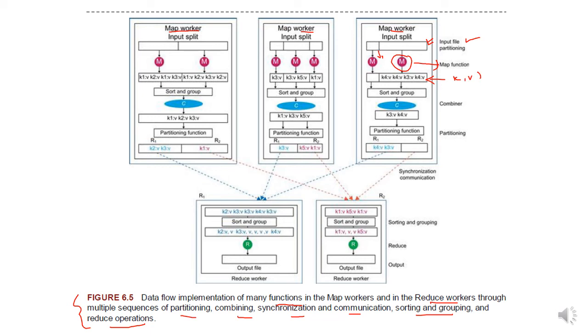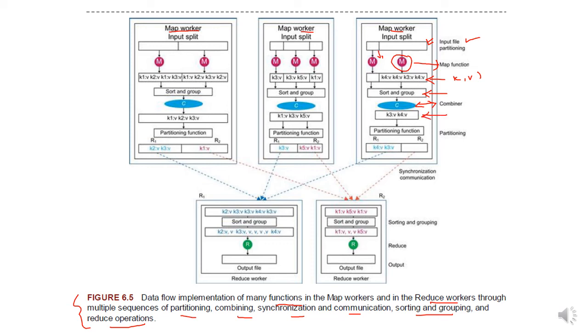The output of the map function will be the intermediate key value pairs, and those pairs will then be sorted and grouped by the library function of the MapReduce framework, and those sorted and grouped blocks will be given to the combiner function.